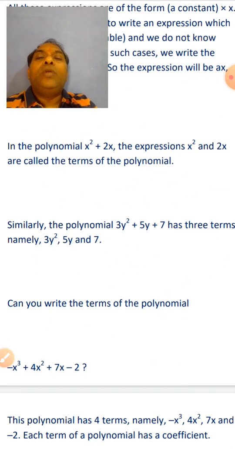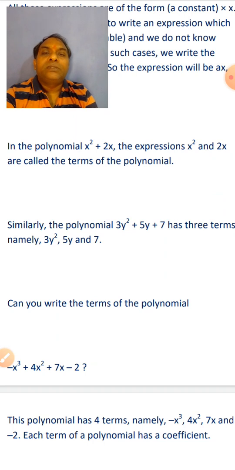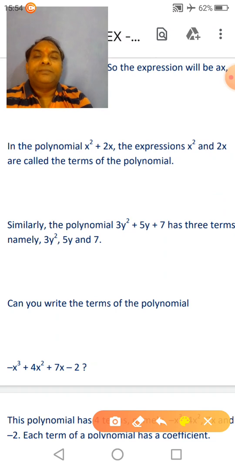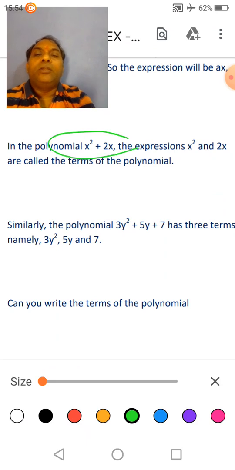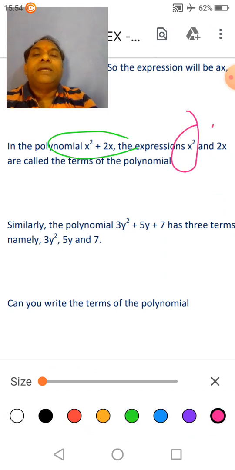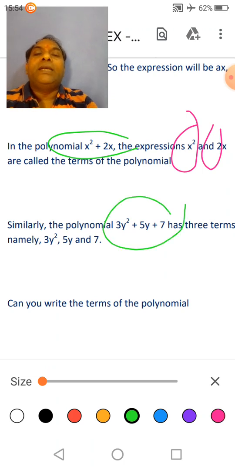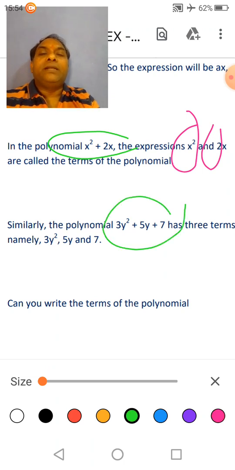So in the polynomial x square plus 2x, the expressions x square and 2x are called the terms of the polynomial. Similarly, polynomial 3y square plus 5y plus 7 has three terms.